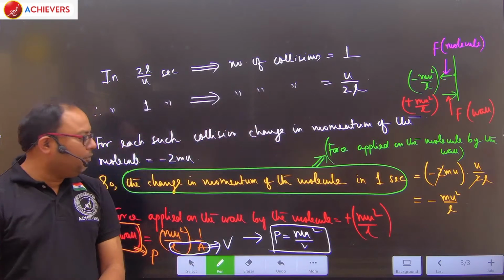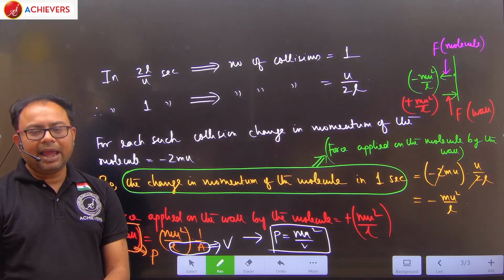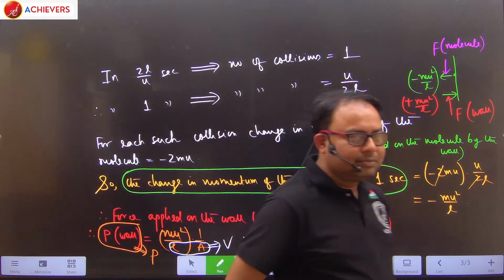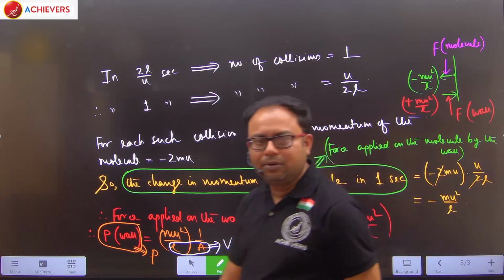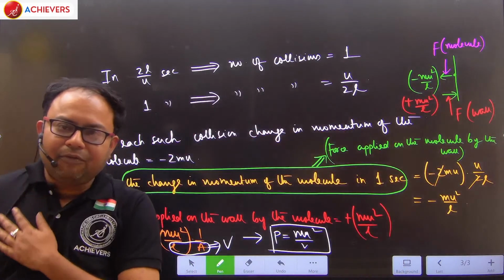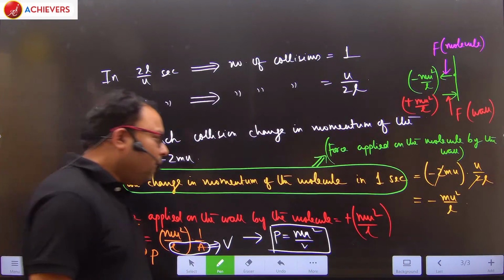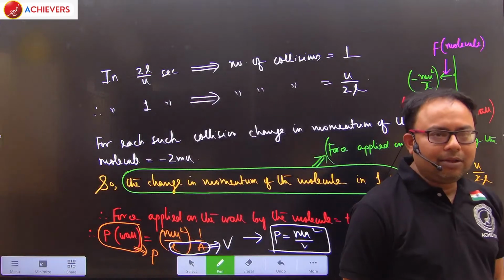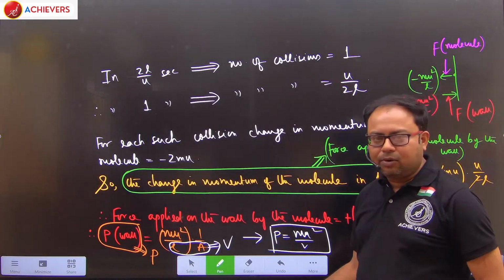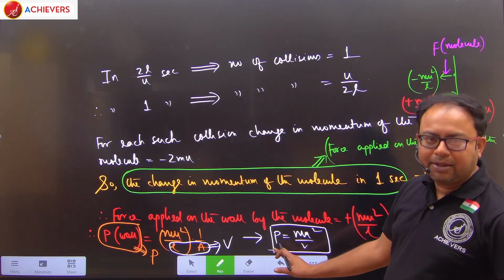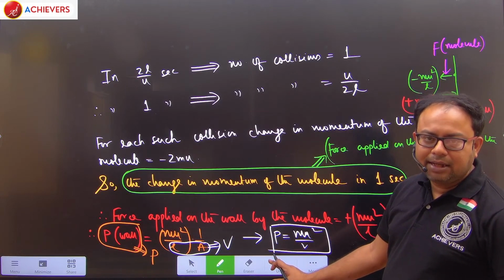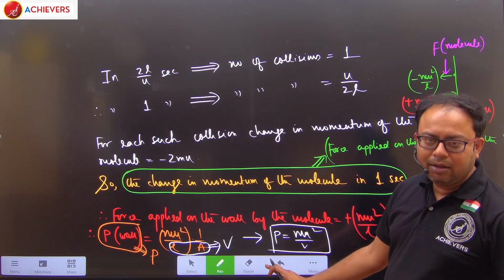So pressure on the wall becomes mu square by V. This is for a single molecule. We have got the data for a single molecule. A single molecule is going to apply this amount of pressure on the wall.